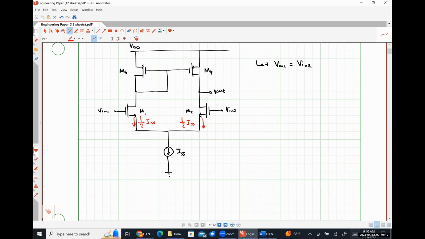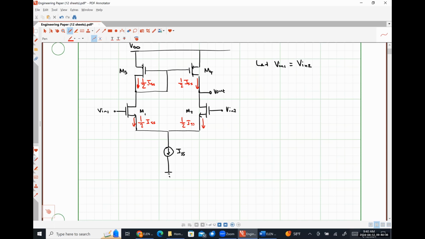Well, transistor M1 is effectively acting like it is the reference current source of our PMOS current mirror up top, right? So since it's the reference current, it stands to reason then that this guy will also be pulling exactly 1/2 ISS, and that same current will be mirrored over here.